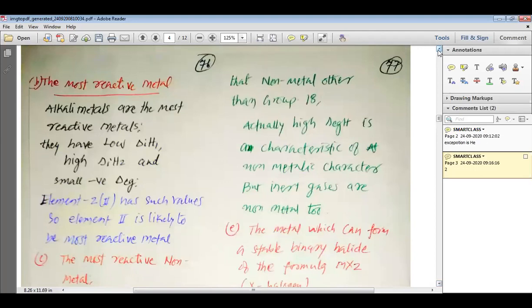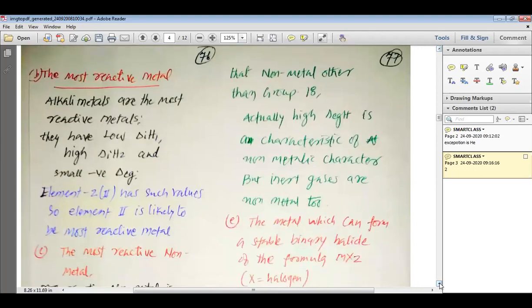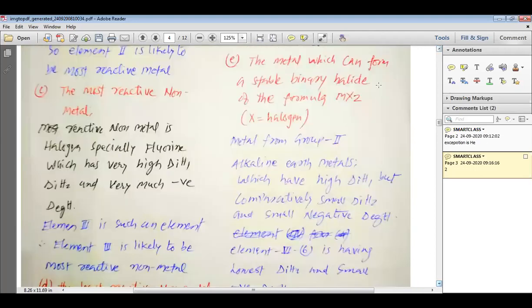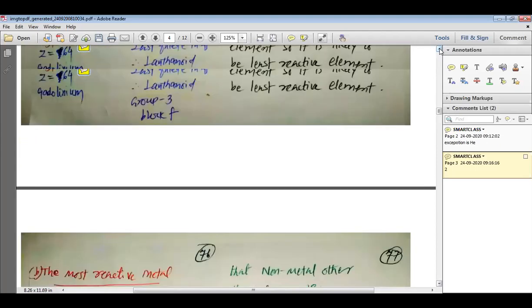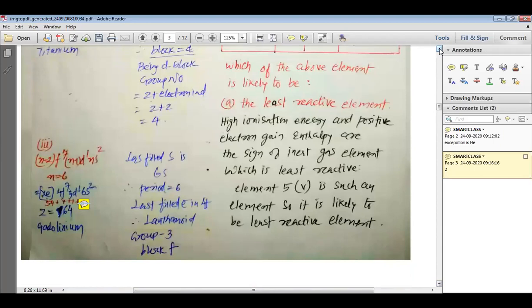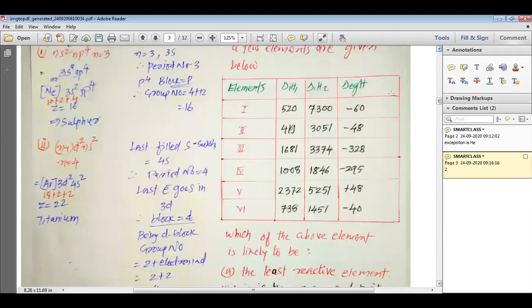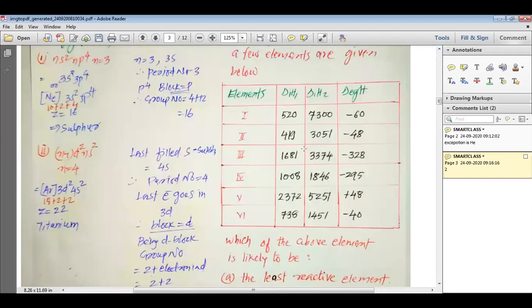These characteristics you can find from the question, my dear students. If you look at element number 2, the first ionization enthalpy is very low, but the second ionization enthalpy is very high, 3051.